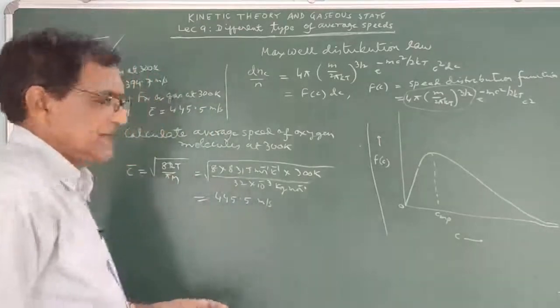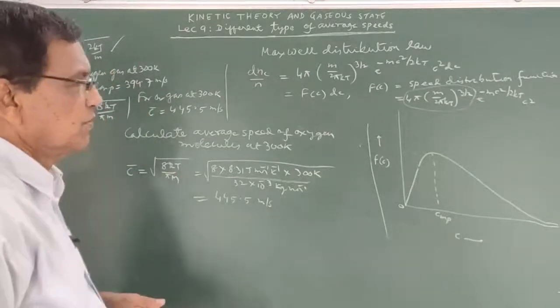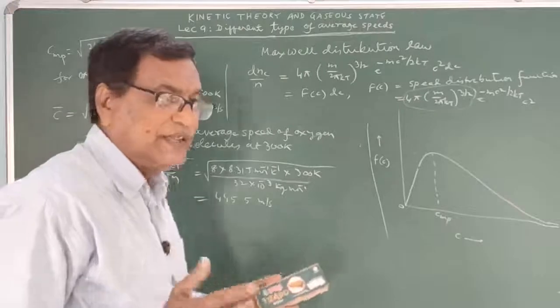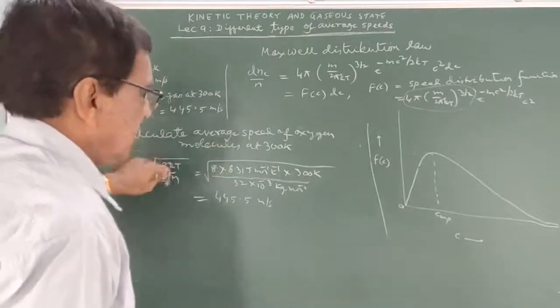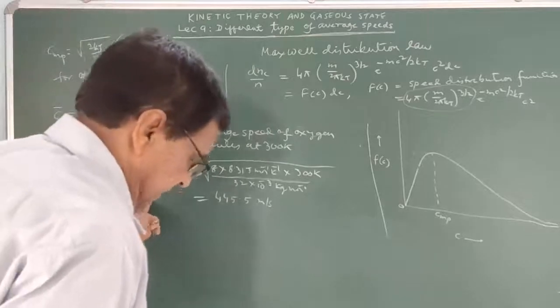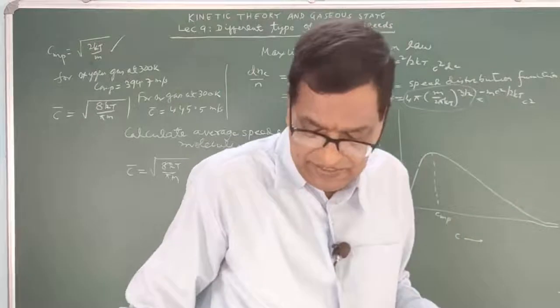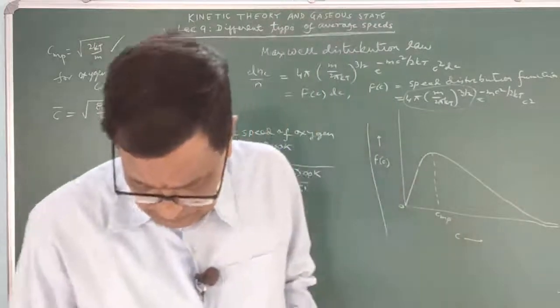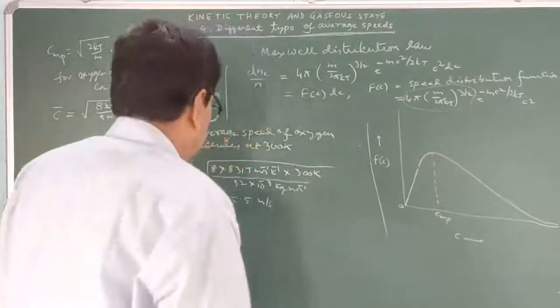So obviously it is seen that the average speed is greater than the most probable speed. Why is this value greater than this one? Actually, the average value is the balancing point of this curve.